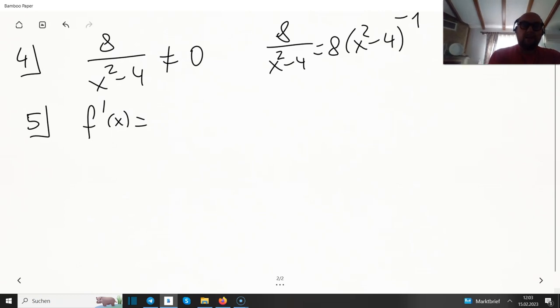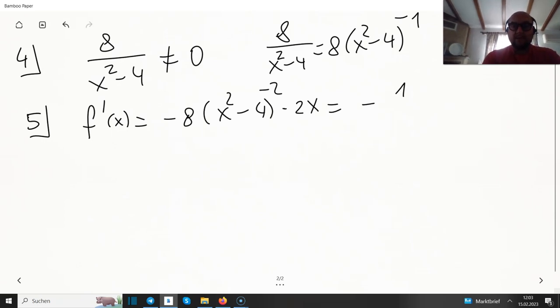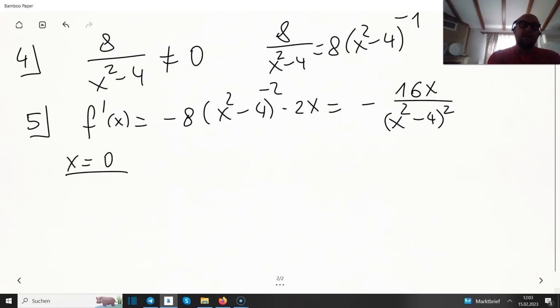So that means minus 1 is coming down. We're having x squared minus 4 to the power of minus 2 times 2x, which is an inner derivative. So basically we're getting minus 16x divided over x squared minus 4 squared. Is it 0 somewhere? Sure it is. We're having x equal to 0.